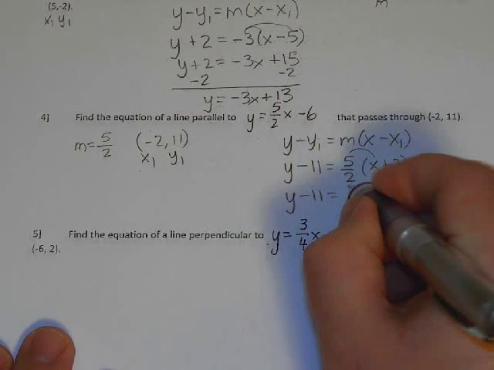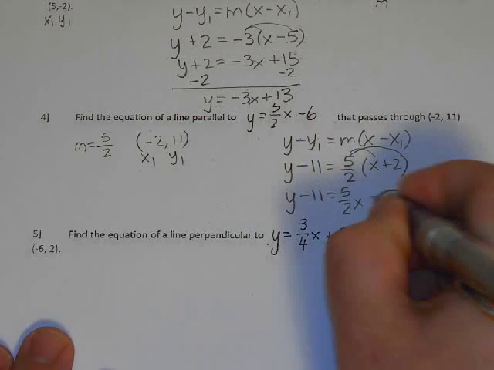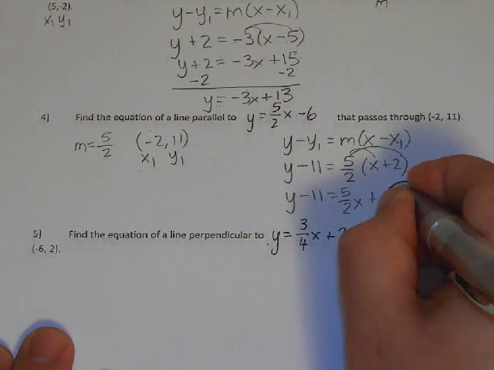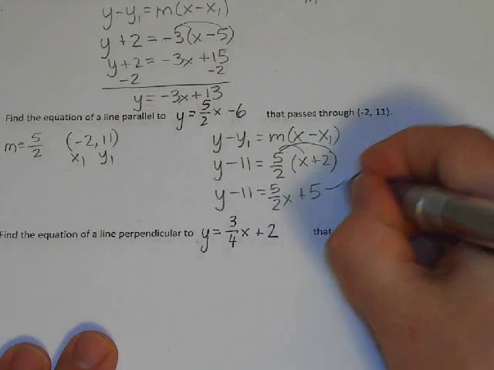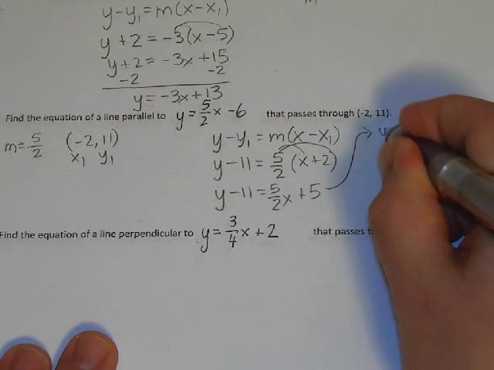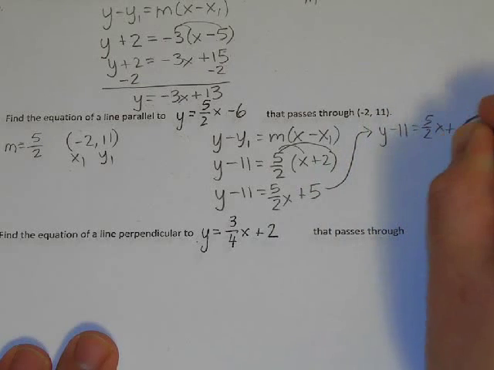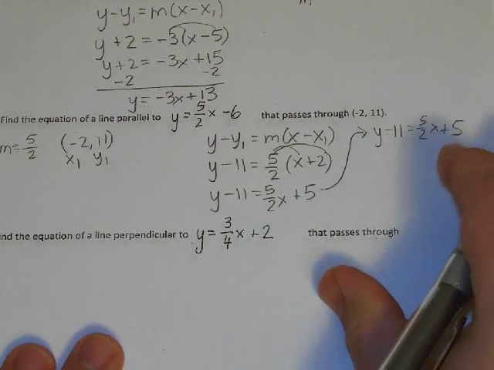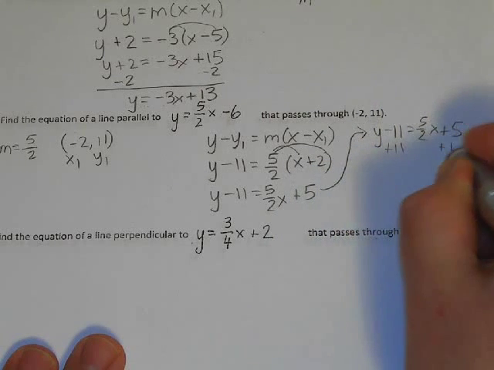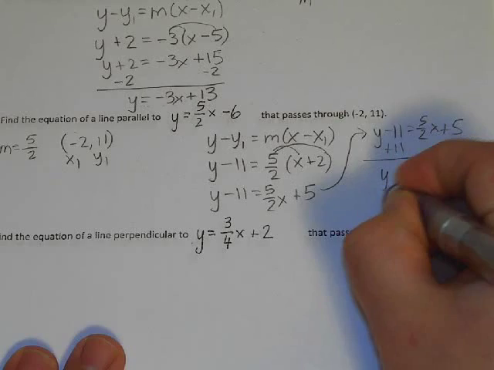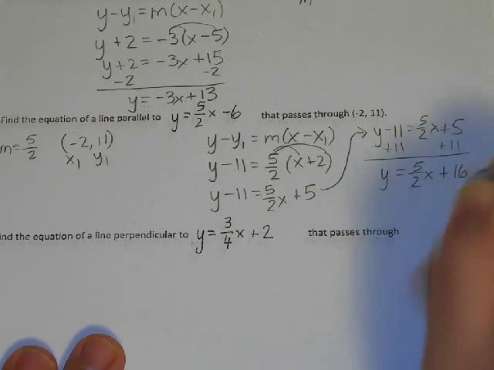Distributive property. 5/2 times x is 5/2 x. 5/2 times 2 is 5. So I'm going to add 11 to both sides. Y equals 5/2 x plus 16.